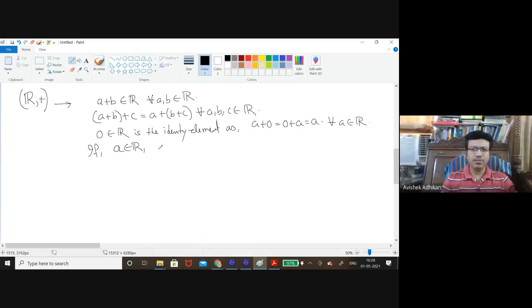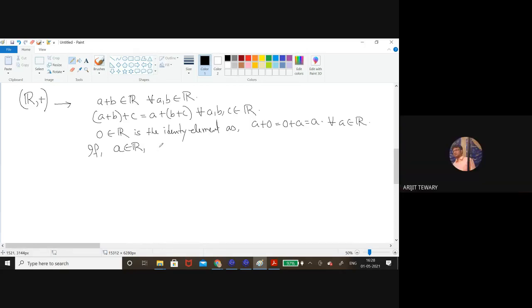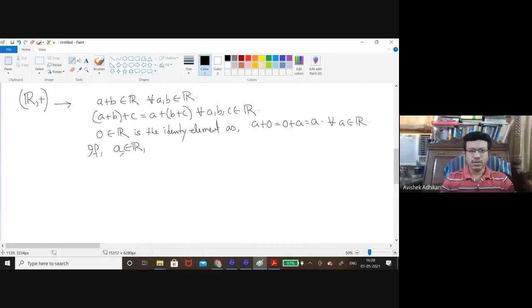Can anybody tell me? Minus A. Very good. So if you take A belongs to R, then minus A also belongs to R, and A plus minus A equals minus A plus A equals 0 for all A belongs to R.